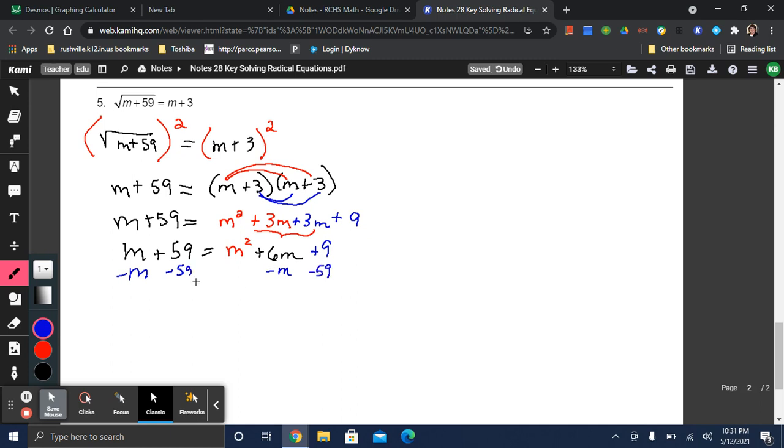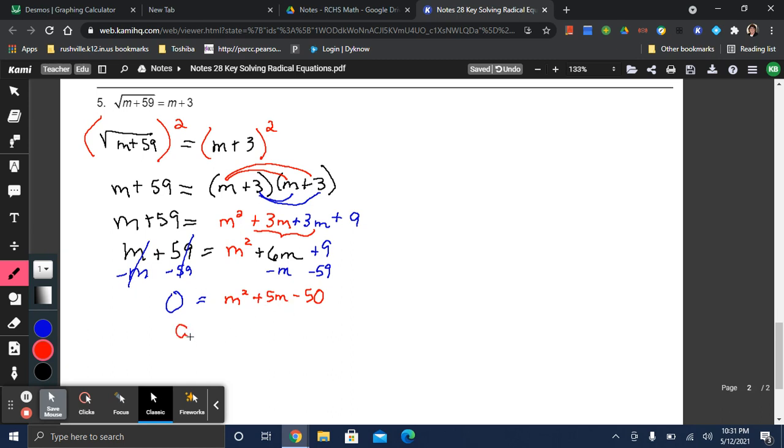Notice that they have like terms that I am lining them up with. So I'm going to get 0 equals, and then m squared plus 5m minus 50. And then we're going to do the factoring.